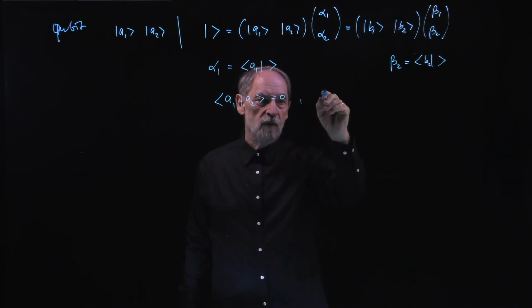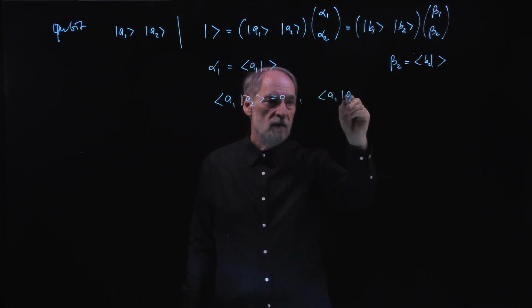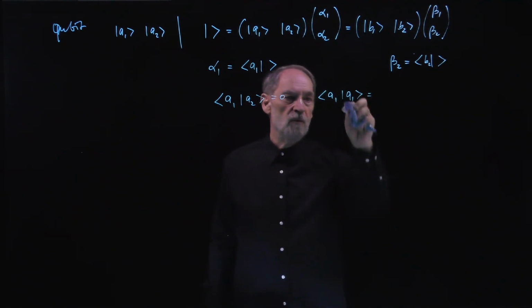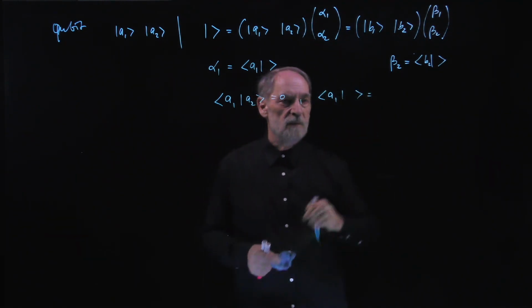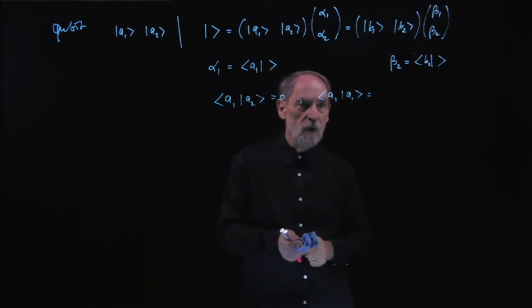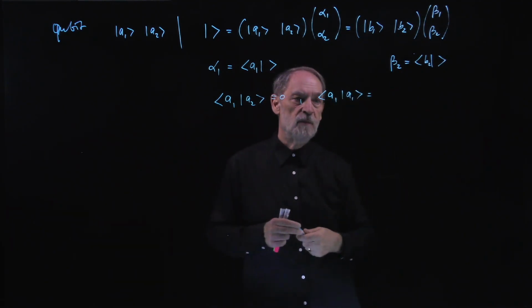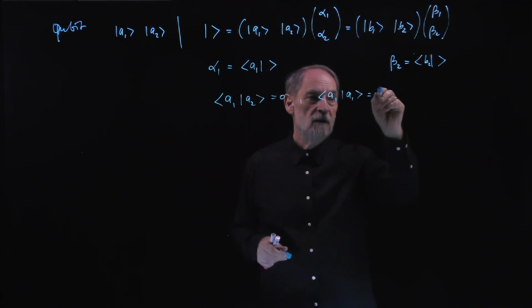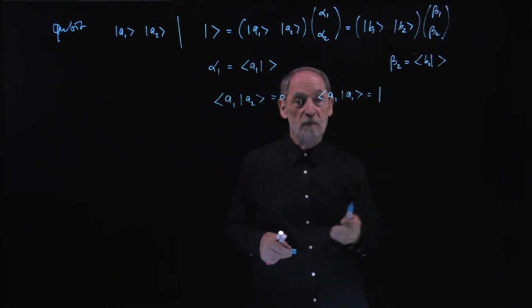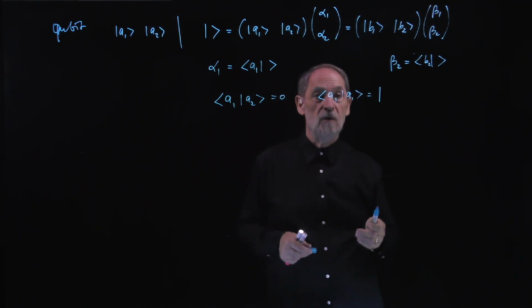And then we have the normalization, which says that if the qubit is prepared with the property described by the ket A1, and then we probe for that property, we will find it with certainty. So the probability amplitude is 1, and then the probability that you get from squaring that will also be 1.